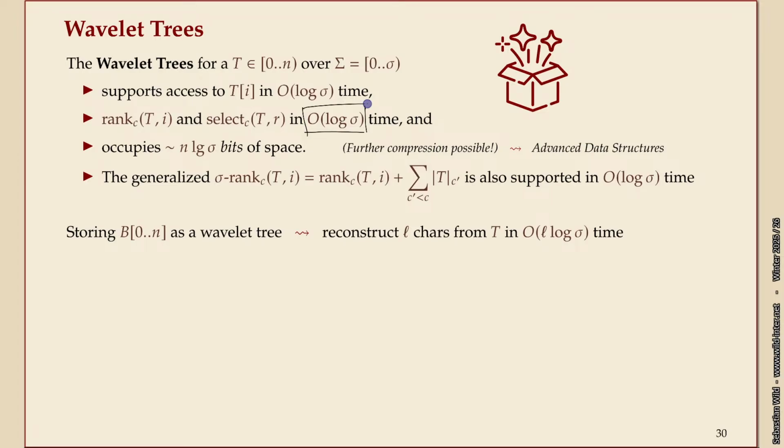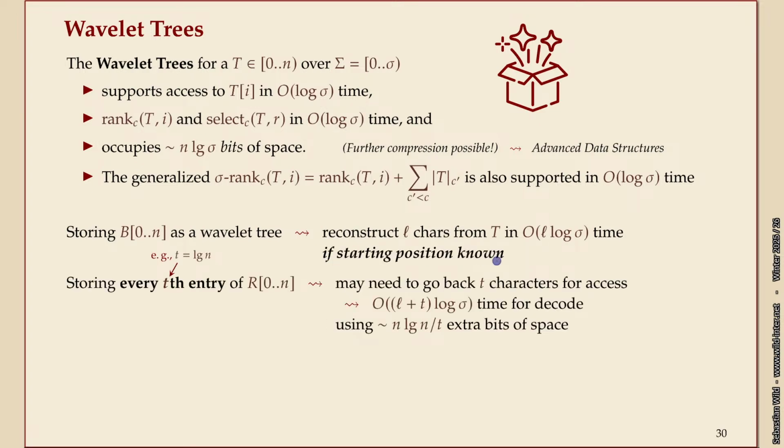Sigma is 4 or maybe 20 for proteins. And so this is really fast. Okay, if we store the Burrows-Wheeler transform as a wavelet tree, then we can reconstruct any characters from the text just from that in L log sigma time, if we know where to start.